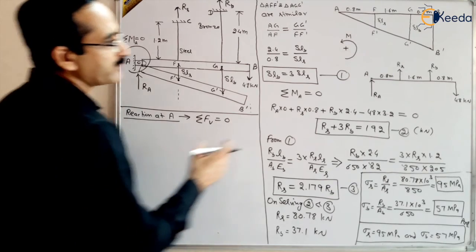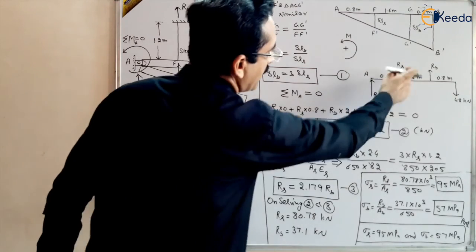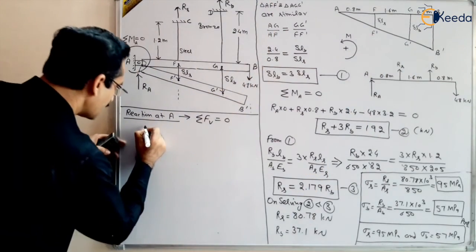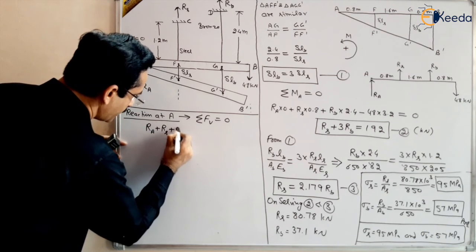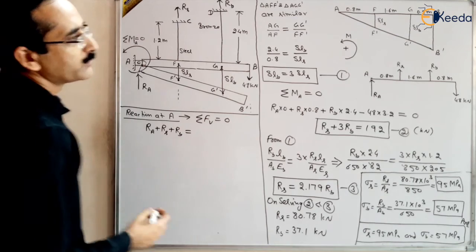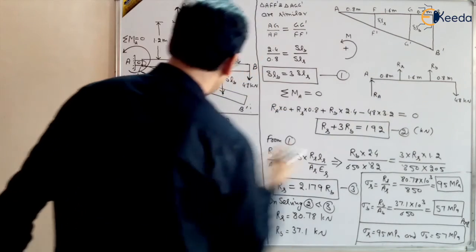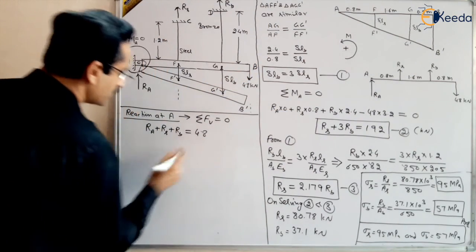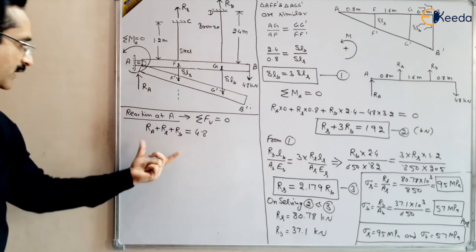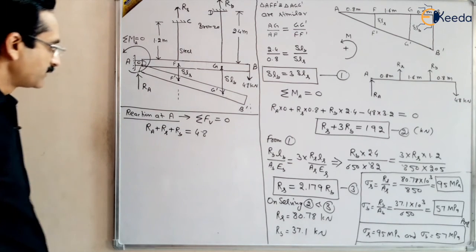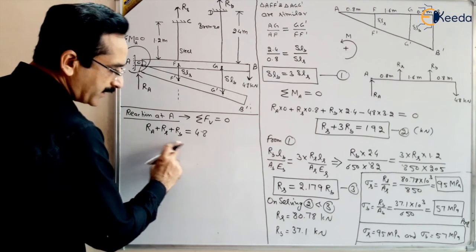So what are the forces in vertical direction? RA, RS, RB in upward direction. So RA plus RS plus RB should be equal to 48, the force in downward direction. And we have found out already RS and RB.